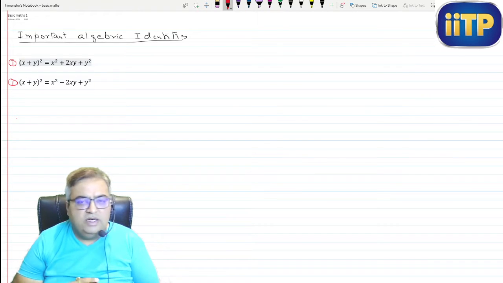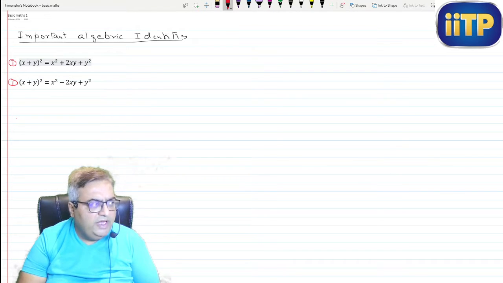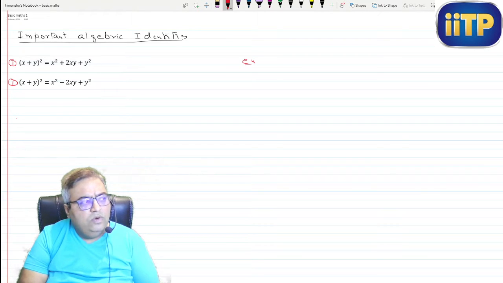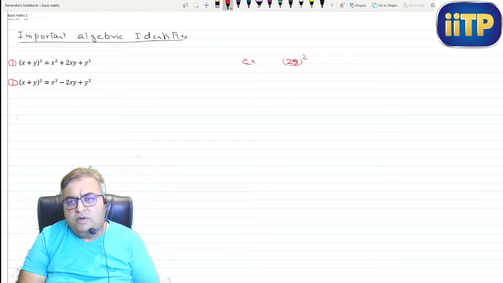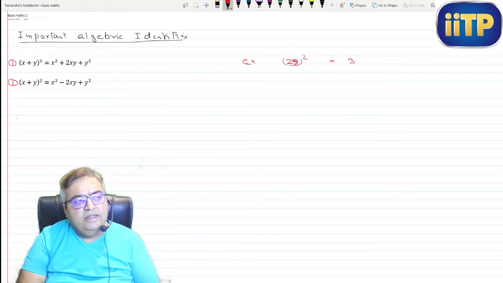This can be utilized in a number of ways, just in calculations, or to simplify, or in factorization. For example, let's find 29 square. You should be remembering it, but if you do not, you can utilize this formula. Because you can write this as 30 minus 1 whole square.